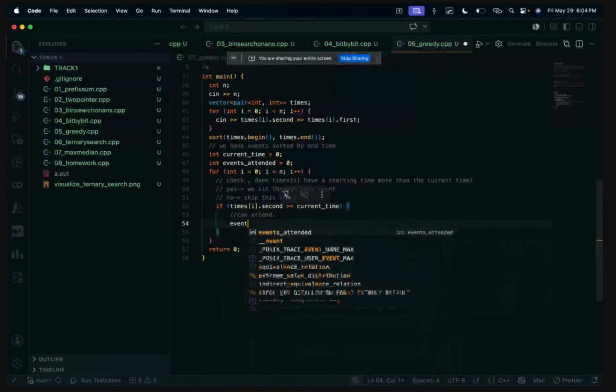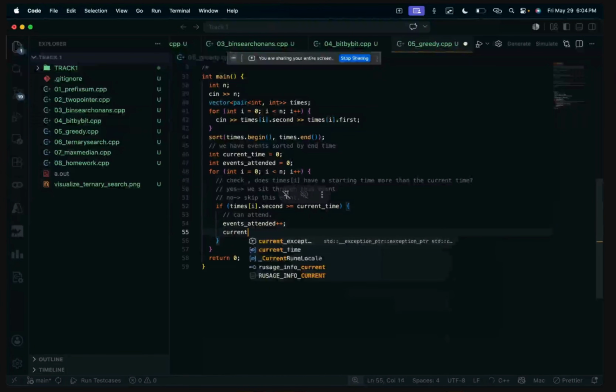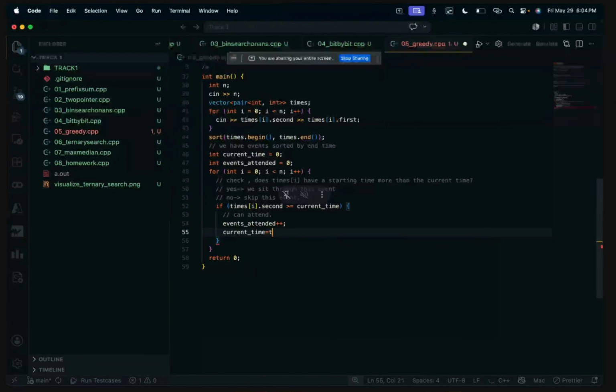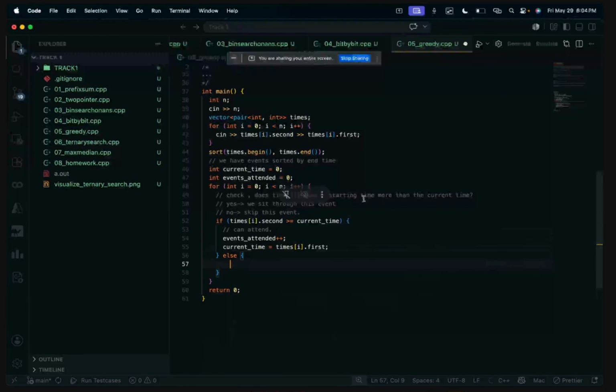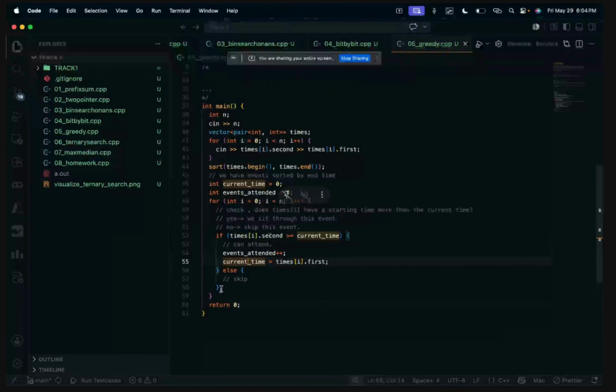So we can increment events attended and we can set current time to the end of this event, which is times of i dot first. If times of i dot second is less than the current time, it means we have no option but to skip, and we don't do anything here. The current time doesn't change, the number of events attended doesn't change.